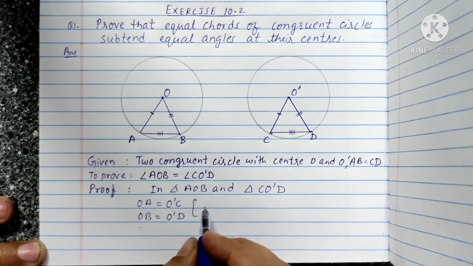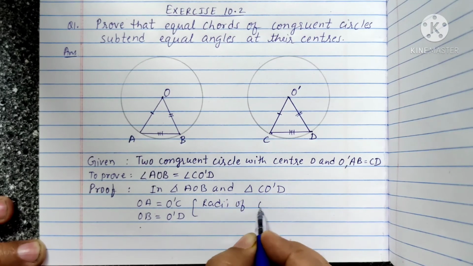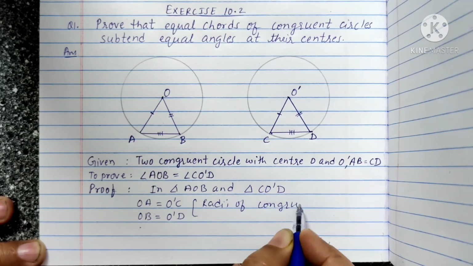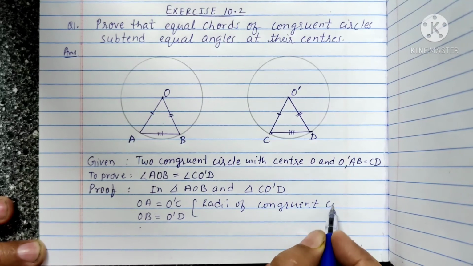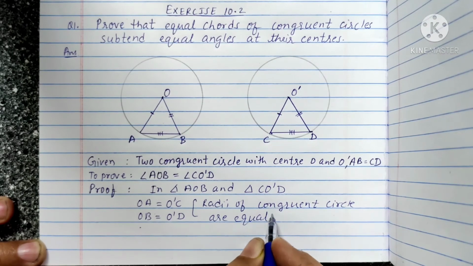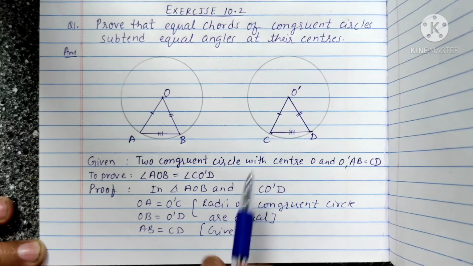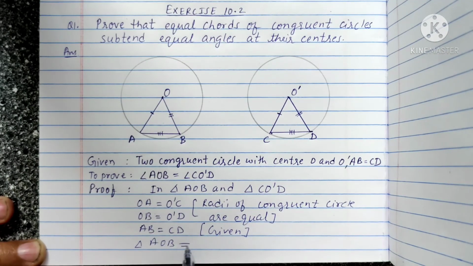These two are equal because radii of congruent circles are equal, and also it is given that chord AB is equal to chord CD. It is given.